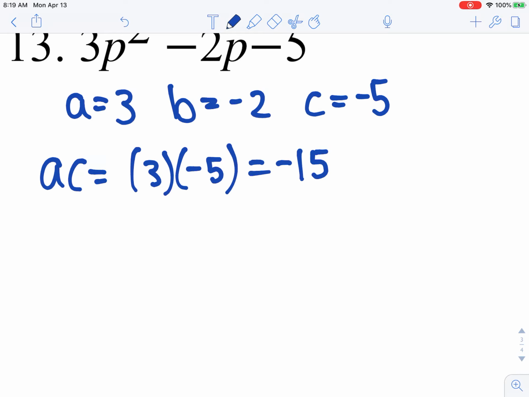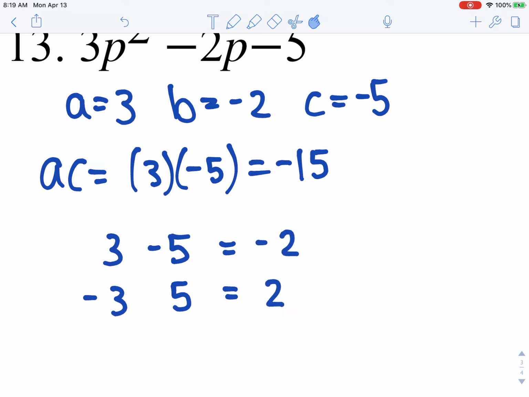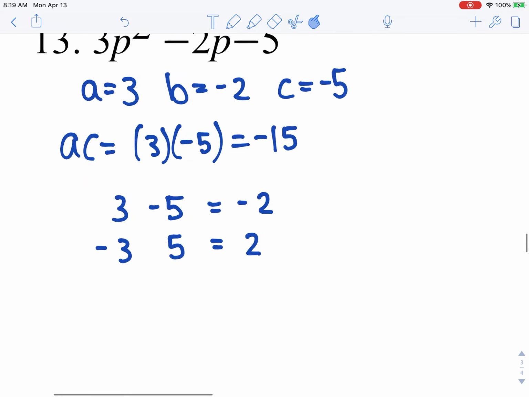Okay, so factors of 15. If you follow the flow chart, they don't pay attention to that sign, which is fine. I think sometimes it's easier just to pay attention to the sign, because then that way you're always adding these two together.